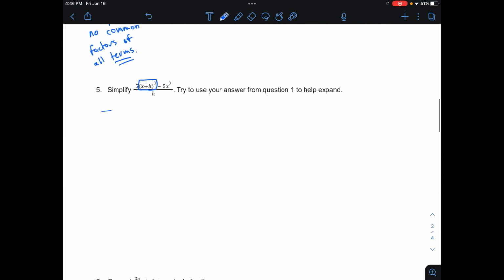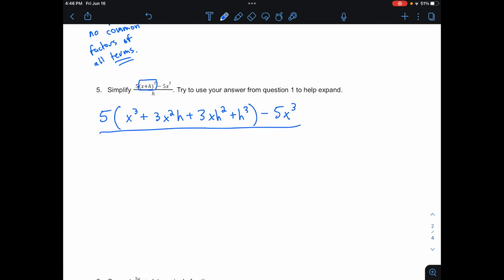So if I have 5, and if my expansion of (x+h)^3 was x^3 + 3x^2h + 3xh^2 + h^3, minus 5x^3, all over h. Okay, that's great. Because we use that structure, we use Pascal's, we make that expansion a little easier.